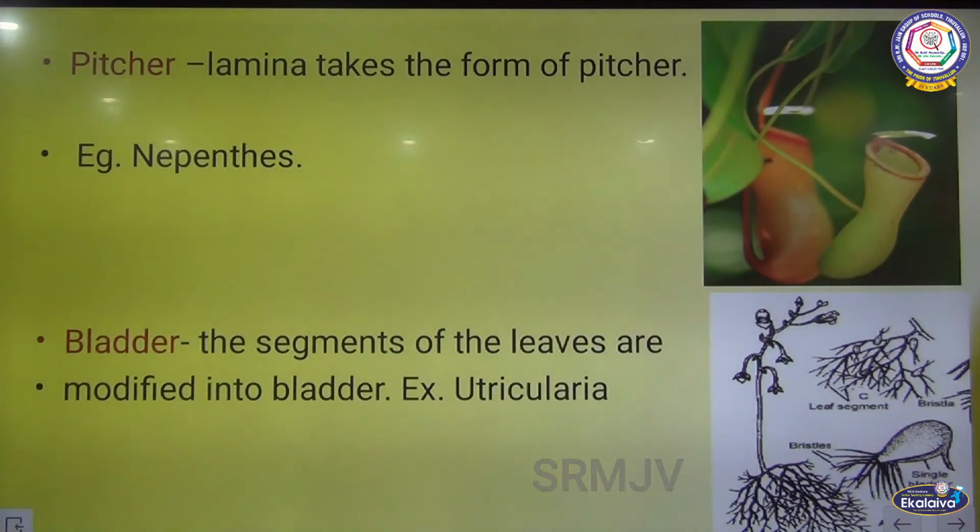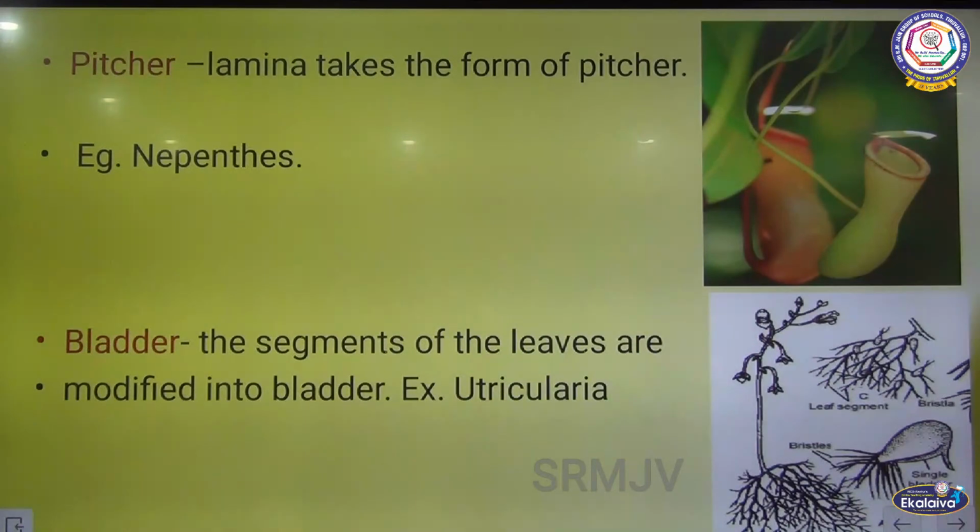Once an insect comes and sits on the rim of the pitcher, it is drawn inside, and the fluid present inside, which contains proteins-hydrolyzing enzymes, will break it down, and the nutrients are supplied to the plant. So it is a modification of a leaf into a pitcher, and it comes under insectivorous plants.